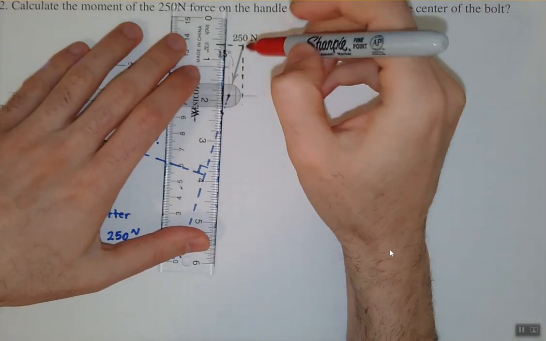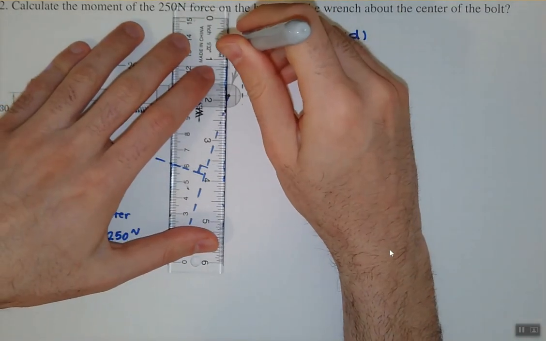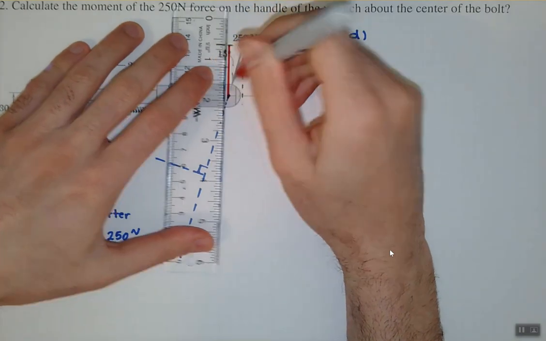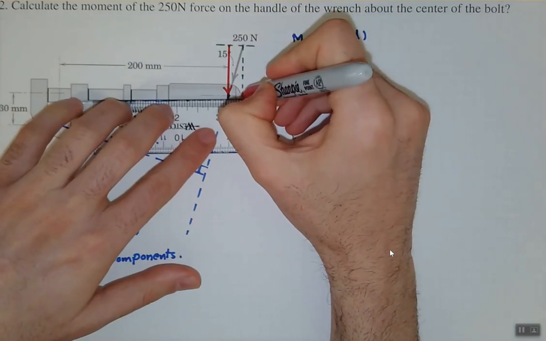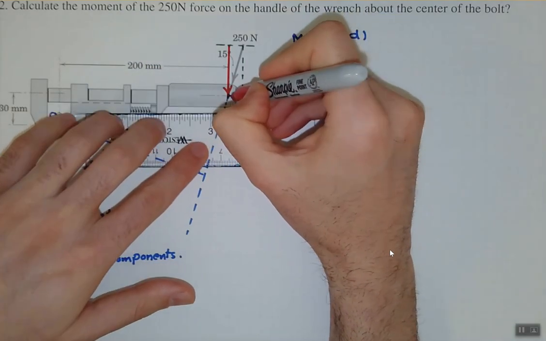Basically what I will have over here is going to be a vertical load and a very small horizontal load.